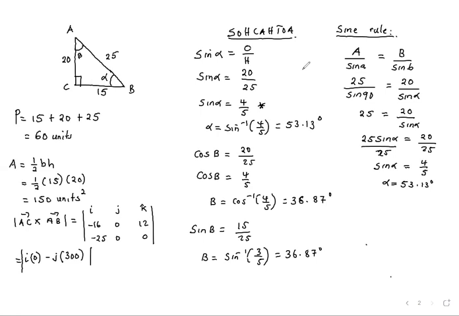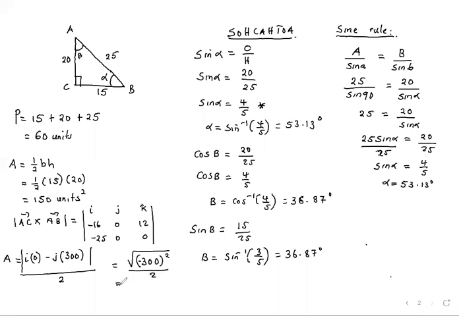for us to get to the area. So for it to be area, this must be divided by 2. Now it's a vector inside, so we're getting its magnitude. So we'll have 0 squared plus 300 squared. It's negative actually. We square it and then divide by 2.